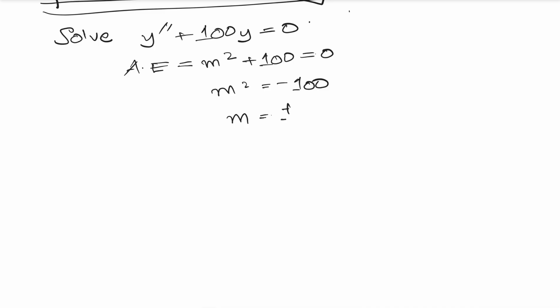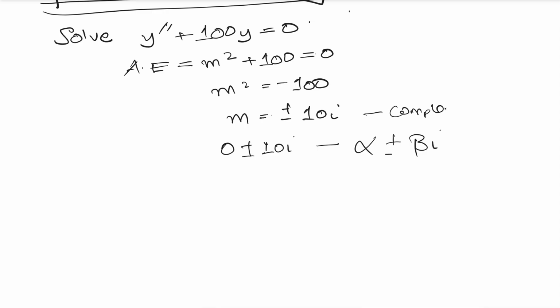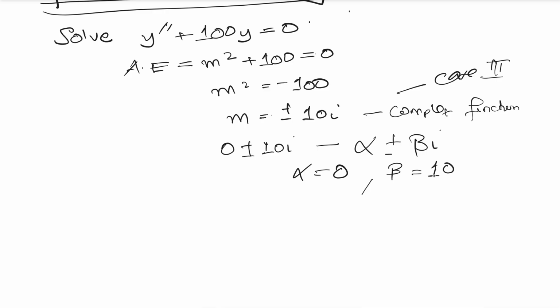So the root will be positive or negative 10i, which is the same as 0 plus or minus 10i, in the form of alpha positive or negative beta i, a complex root. That is a case 3 scenario where alpha is equal to 0 and beta is equal to 10.